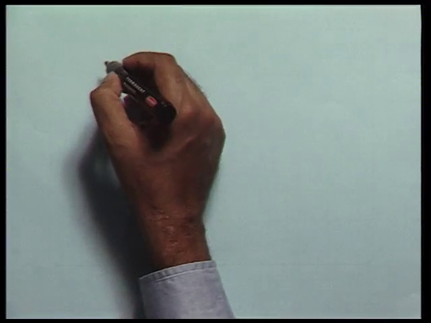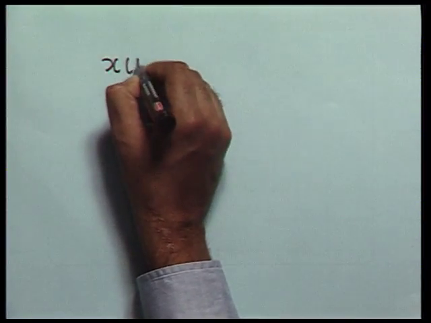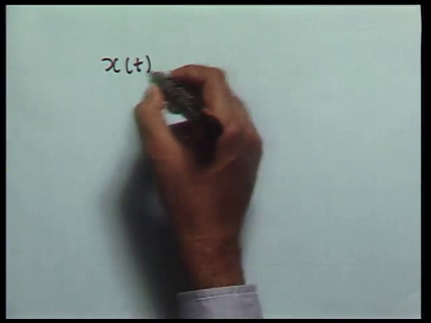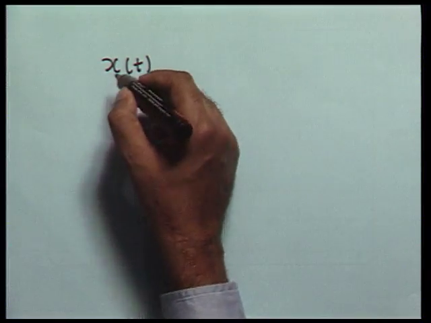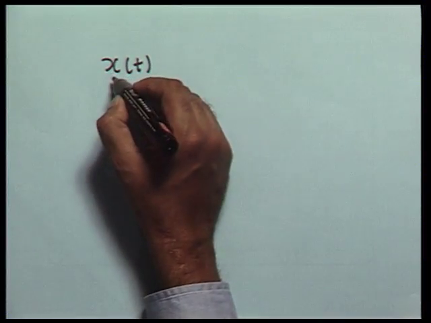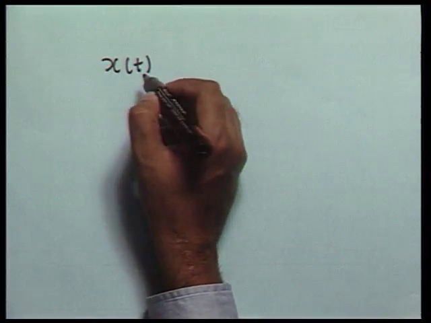See, suppose I have a particle moving on a straight line and its distance is given from some fixed coordinate system, its distance at instant of time t given by the expression x(t).